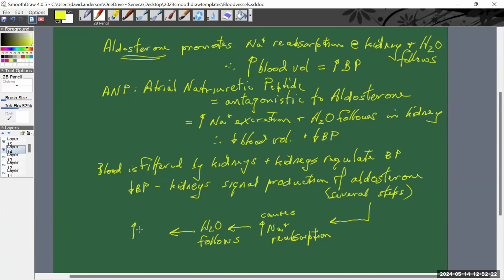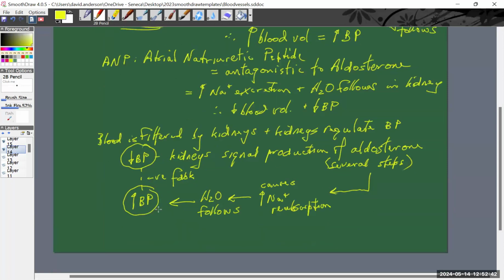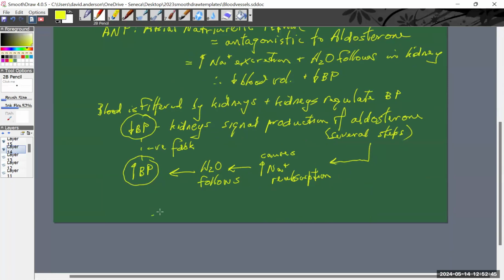That increases blood pressure. So that's negative feedback. That's what the dashed line's showing. The stimulus was low blood pressure. The response is high blood pressure. As blood pressure gets low, high, low, high.